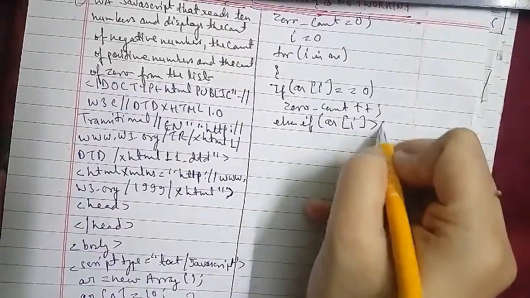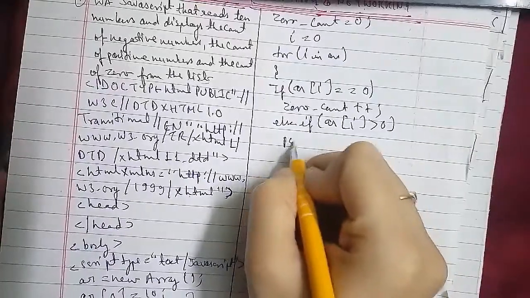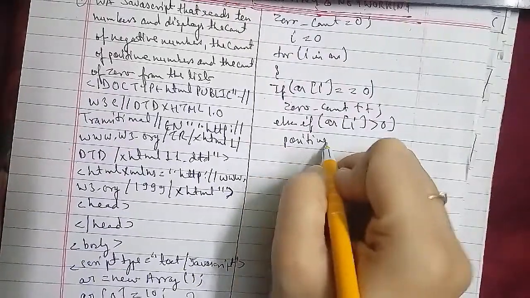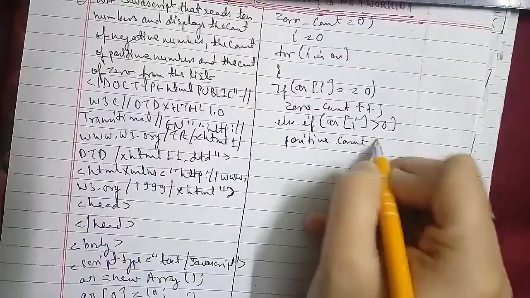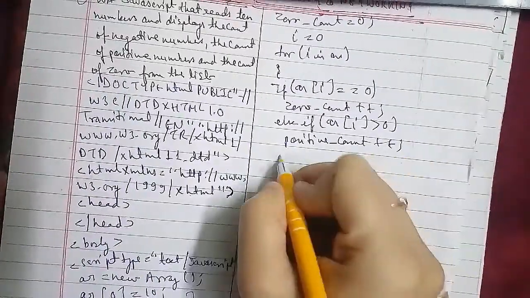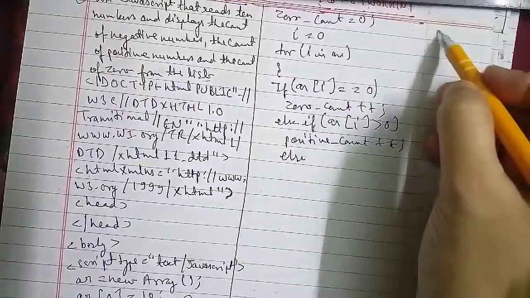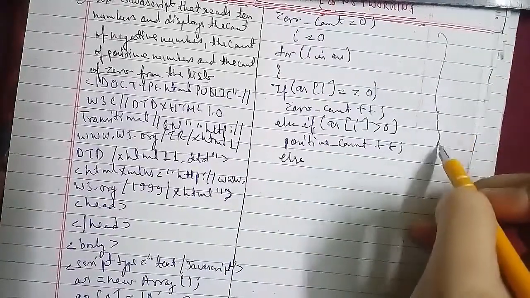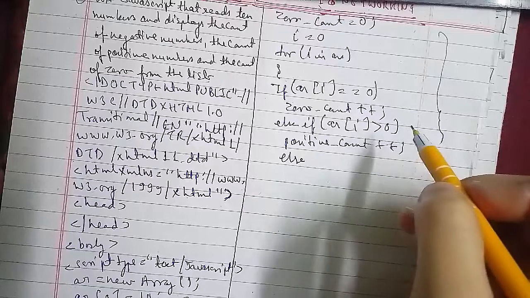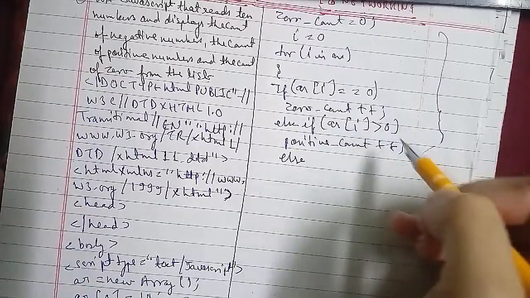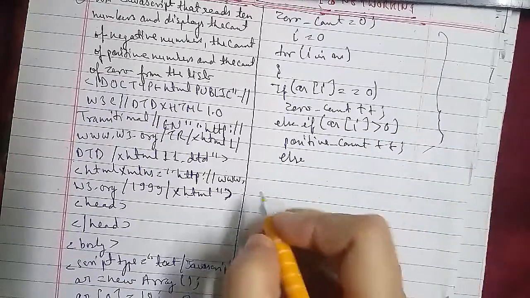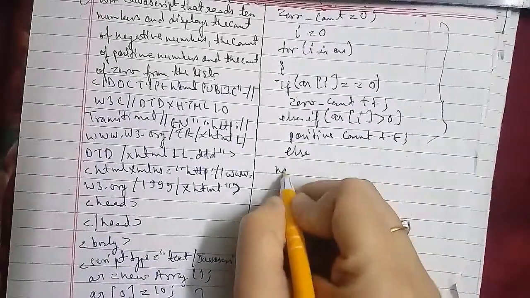And for the other one, we'll go ahead with negative count plus plus, then i plus plus.